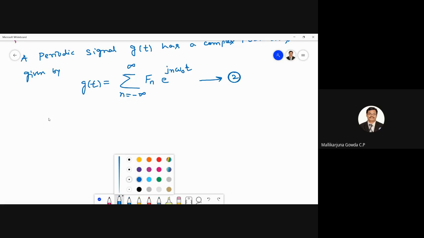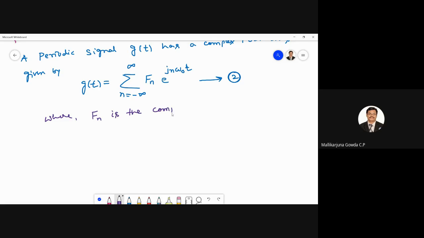So Fn I can write, where Fn is the complex Fourier coefficient. So how do we define that? Anyone can say how do we define the Fourier coefficient?